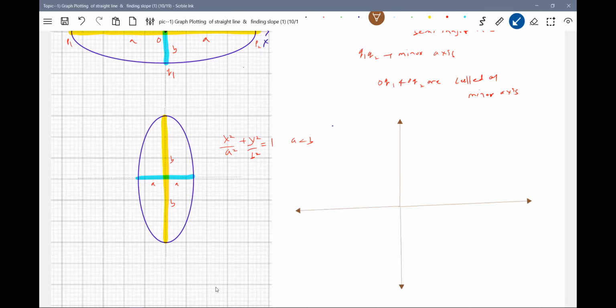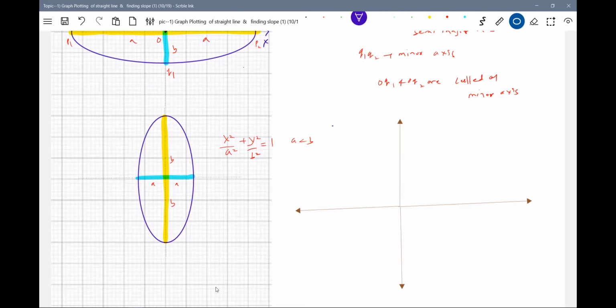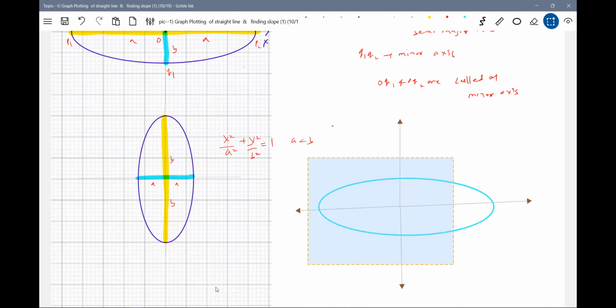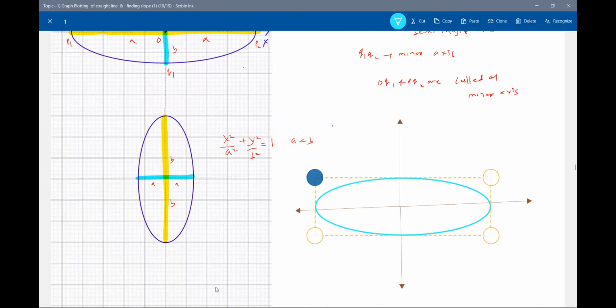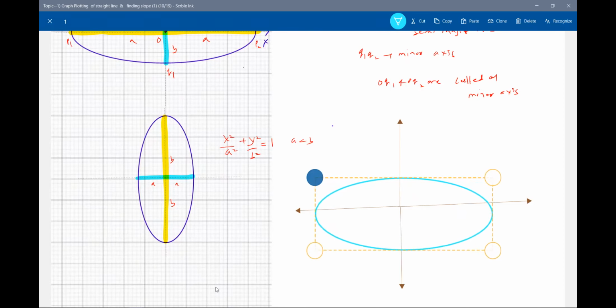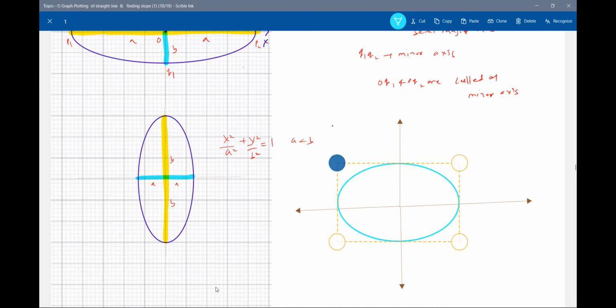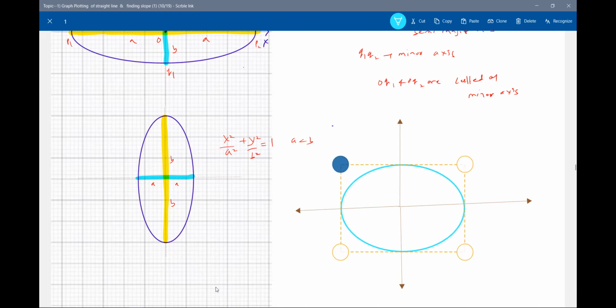So what students should do now is have an ellipse here. Now you can see very beautifully here, this is the ellipse. It is almost located symmetrically. Is it an ellipse? Yes, it's an ellipse.